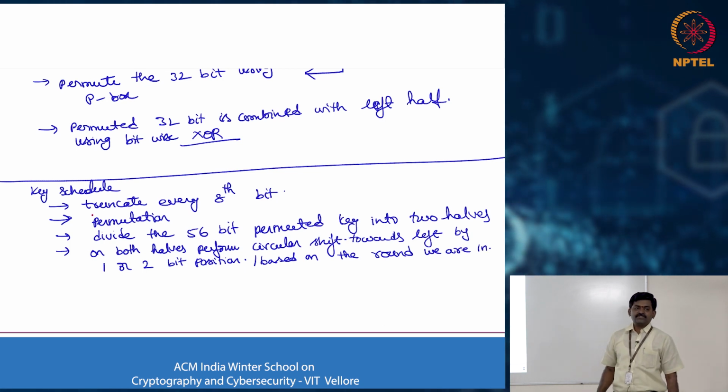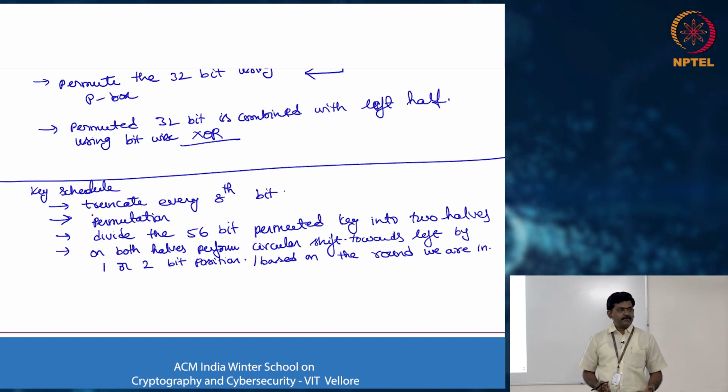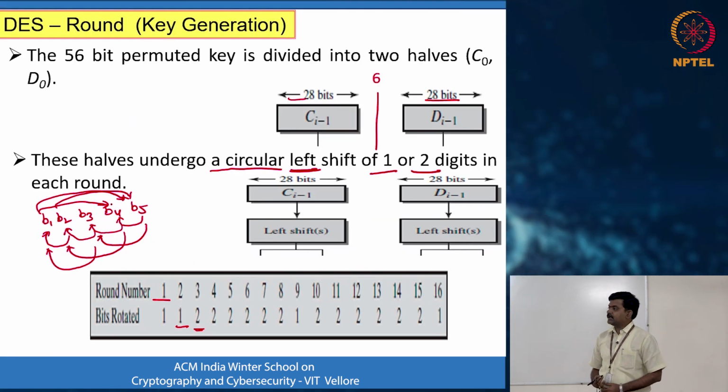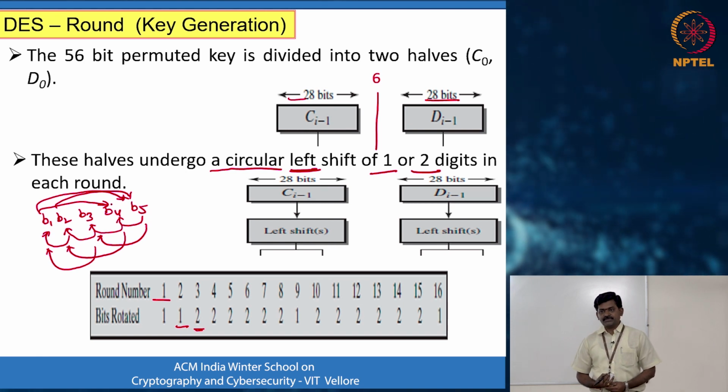Right? In the first round, 1 bit position. Second round is also 1 bit position. But in the third round you make 2 bit positions.